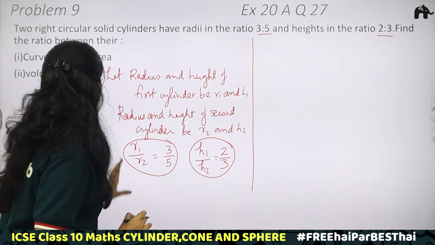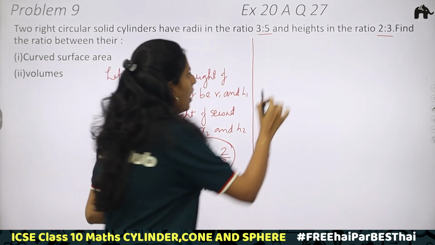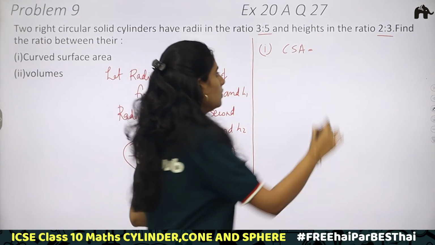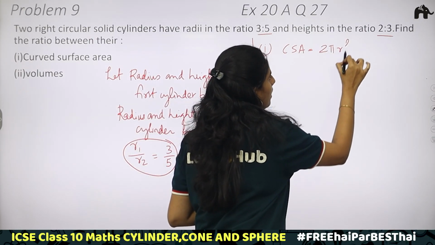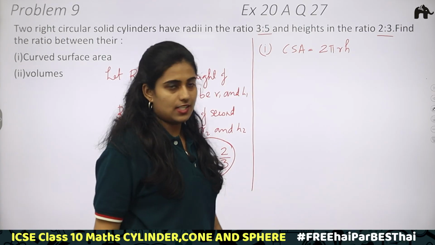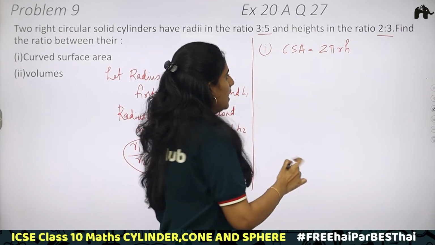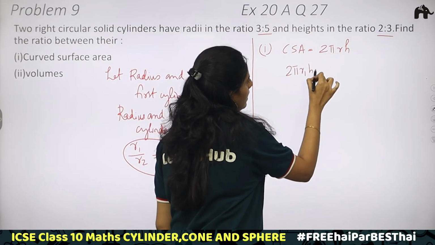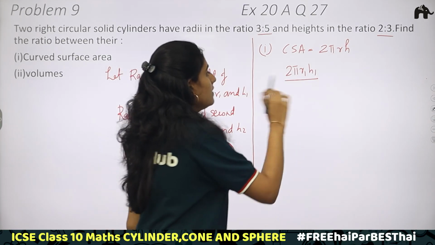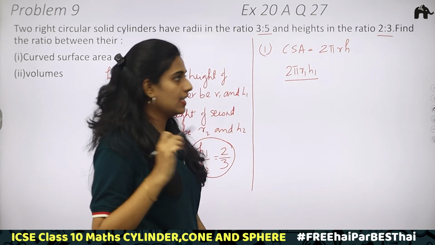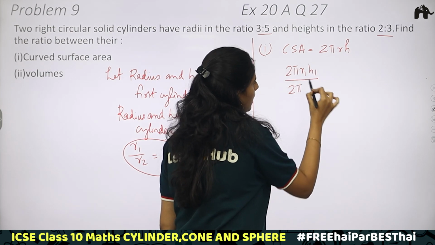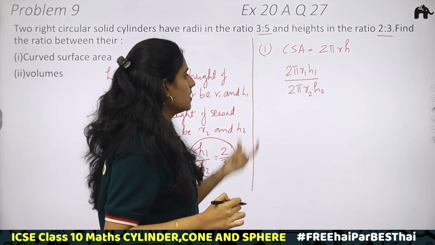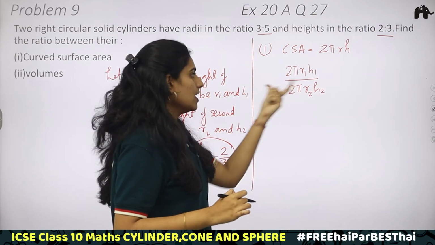We need to find the ratio between curved surface areas. How to find curved surface area? CSA, curved surface area, is equal to 2 pi RH. Curved surface area of first cylinder will be 2 pi R1 H1 by curved surface area of second cylinder, which will be 2 pi R2 H2. So this is the ratio of curved surface area of first cylinder to the curved surface area of second cylinder.